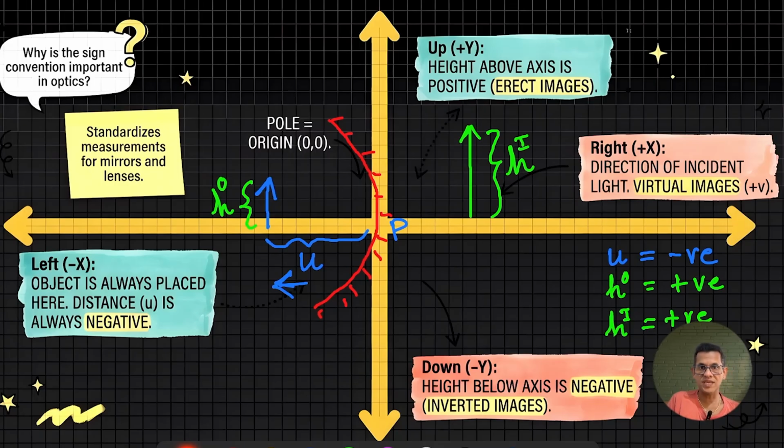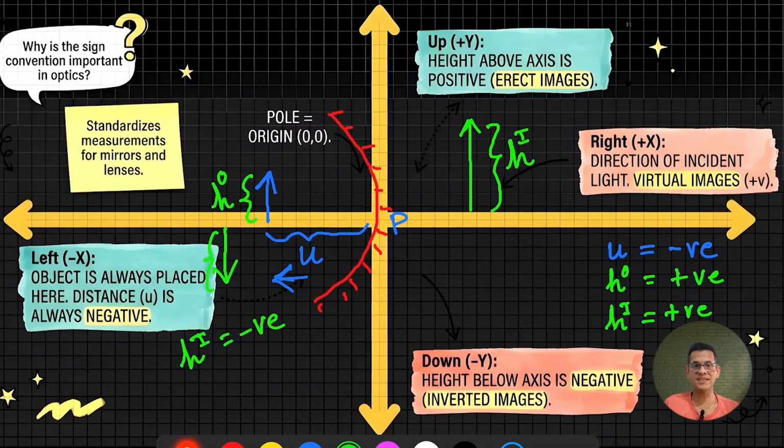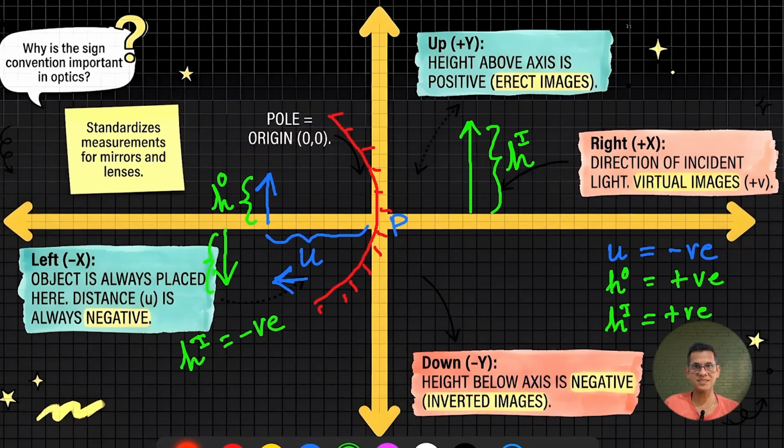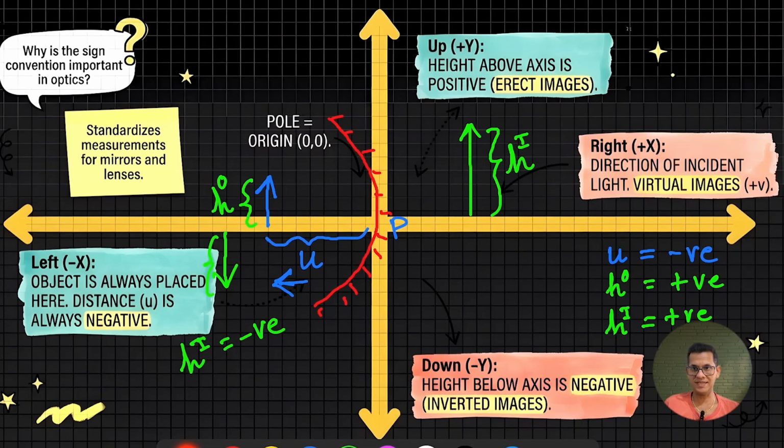But if the image is formed in front of the mirror and if it is inverted, in this case we are going to measure the height vertically downwards. So we'll take this height of the image as negative. So if the image is virtual and erect, height is taken as positive, and if the image is real and inverted, the height is taken as negative.